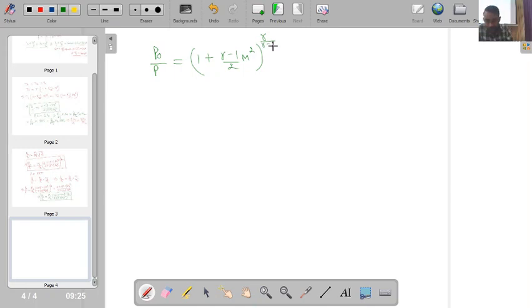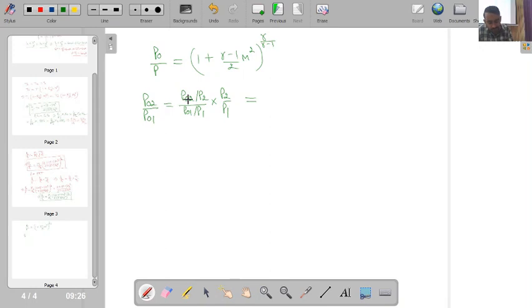Okay, so now my aim is to calculate P naught 2 by P naught 1. So what I can do is first find out P naught 2 by P2, and then I can find out P naught 1 by P1, and then I can multiply it with P2 by P1. Okay, so let's do this.